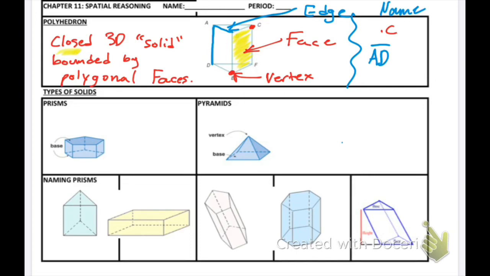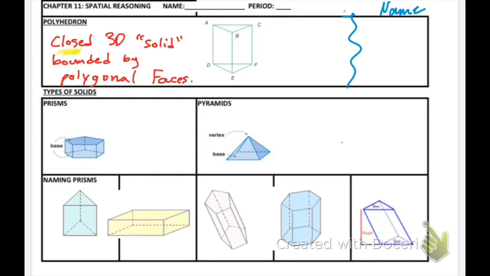Now to name the face, let me erase some of this. Let's say I wanted to name that face right there. Notice that I have a rectangle right here.